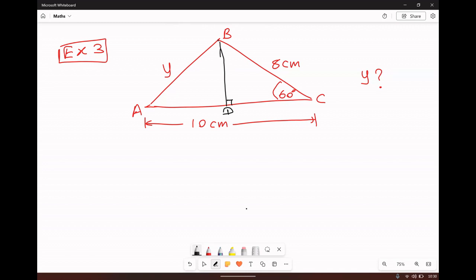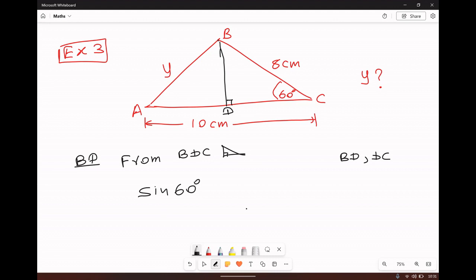We have a couple of steps before we get the length y. To start with, I'm going to get the length of BD and also the length of DC. First of all, we'll get the length of BD from the BDC right angle triangle. We can simply write sine 60.